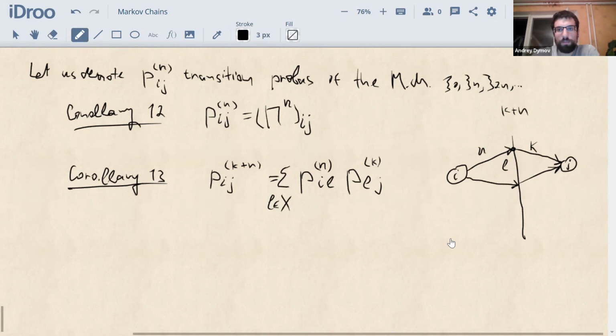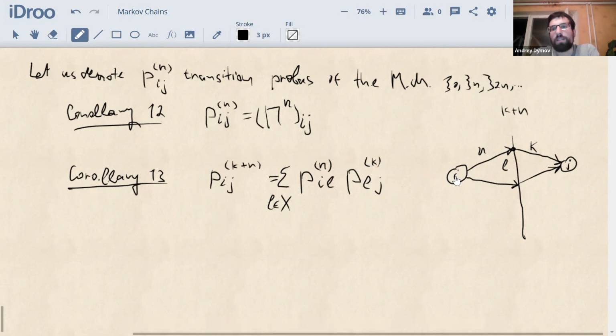Actually, this seems to be something trivial, but this is a very important property of Markov chains, because such property holds only for Markov chains. For a general stochastic process, it doesn't hold. Because where is this Markov property sitting?